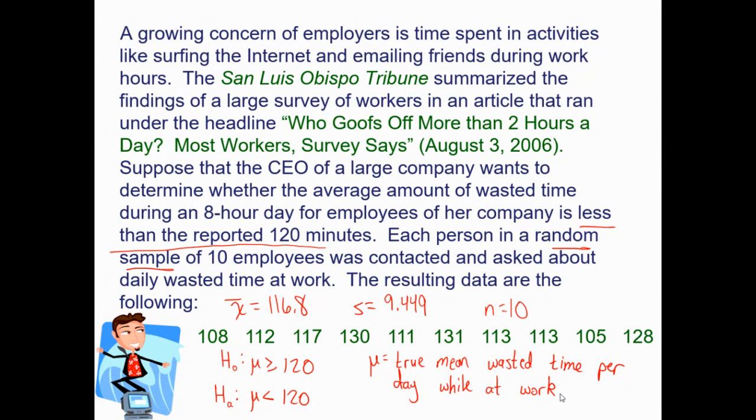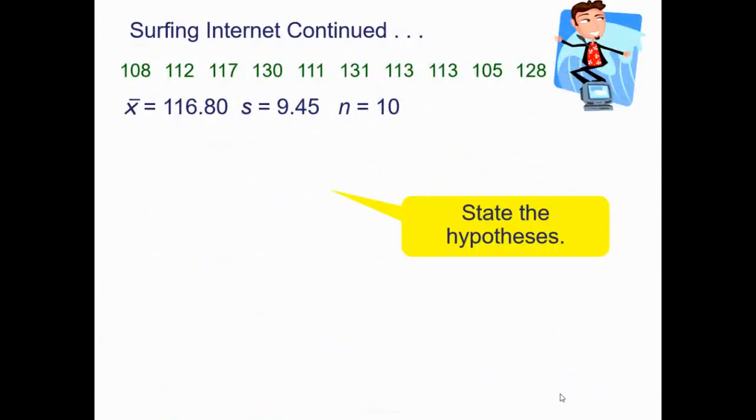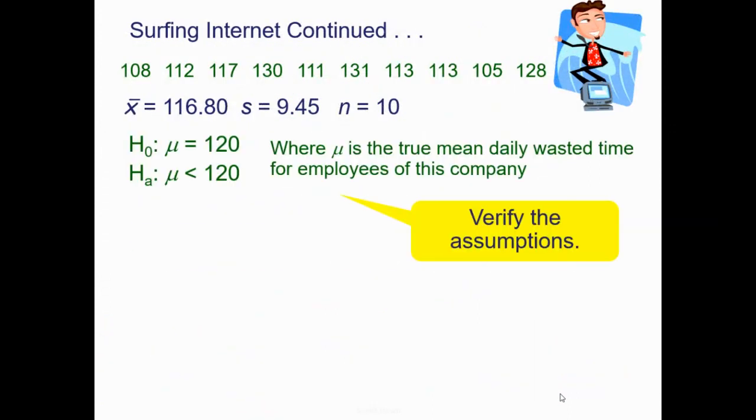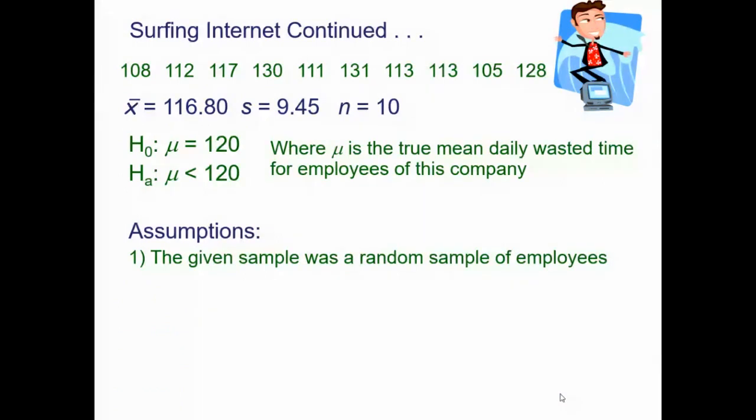Okay, so before we actually run the test, what do we need to check? Our assumptions. So it tells us it comes from a random sample.